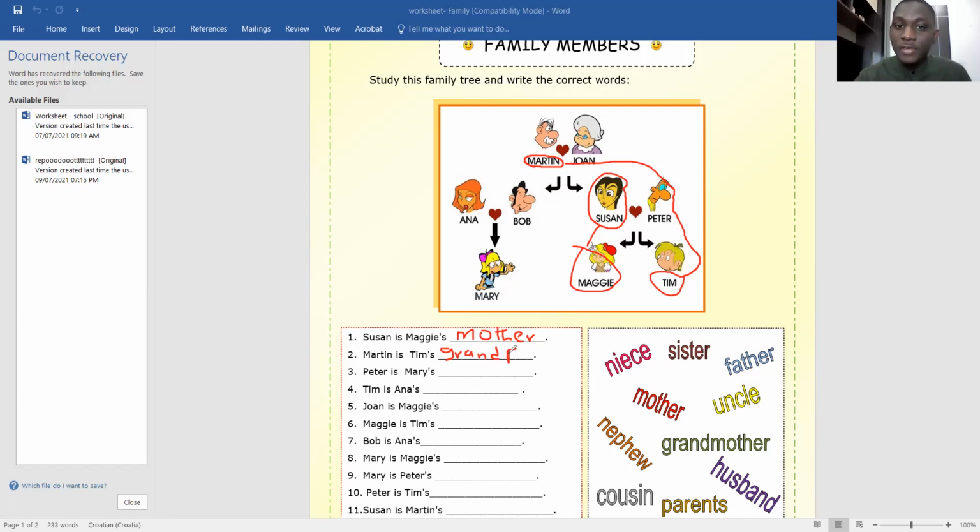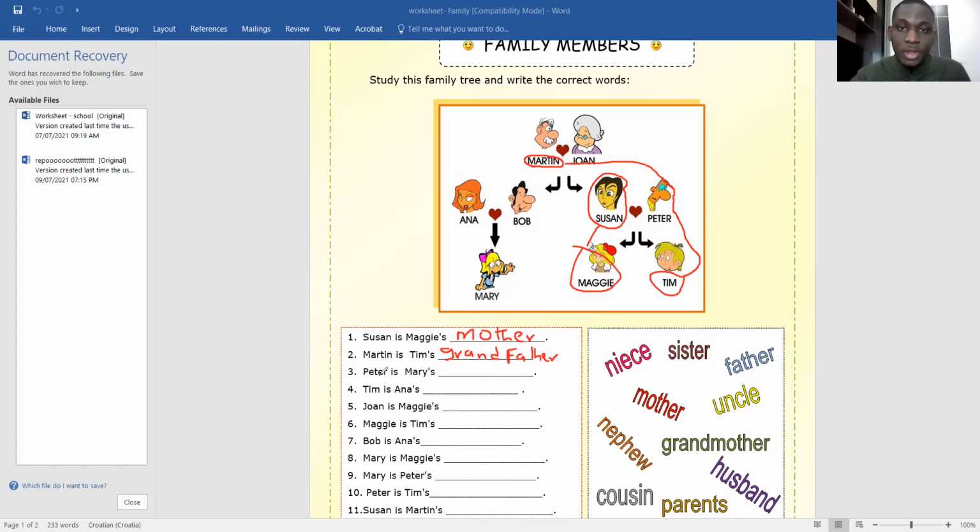This is how to read a family tree. Okay, repeat after me. Number two, Martin is Tim's grandfather. Very good. Okay, now you have to write the rest by yourselves.